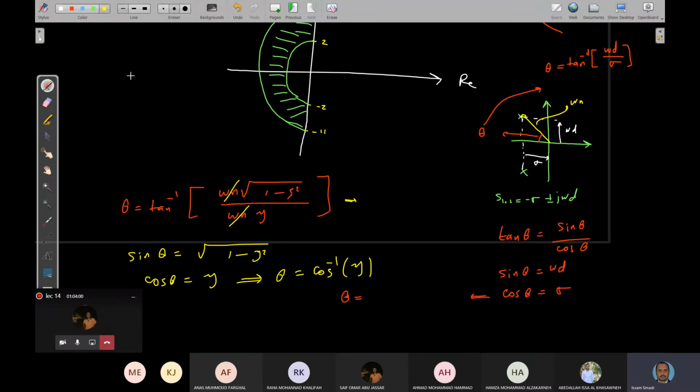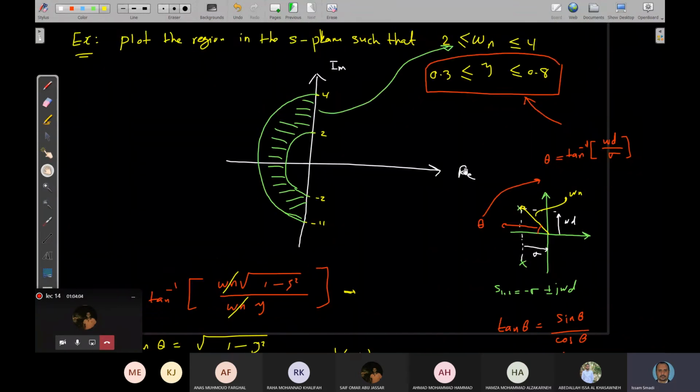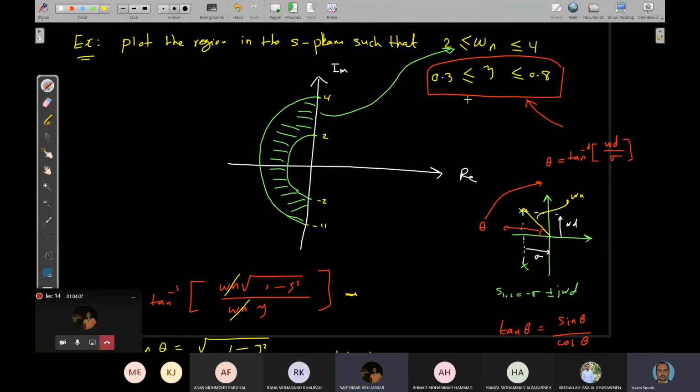So simply, this is very simple. I need to evaluate the cosine inverse of those terms. Sorry, I need to find theta, because I'm giving you zeta, and I need to find theta.